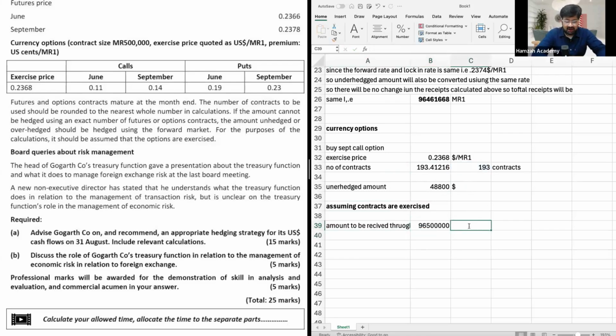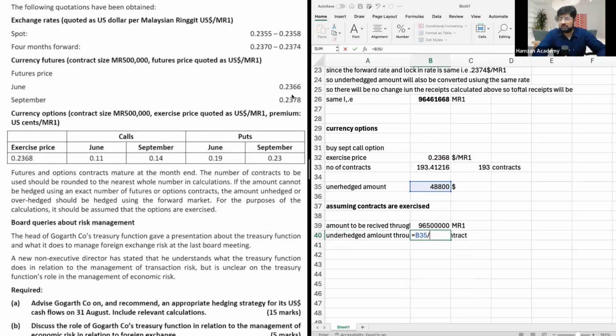Yes, they will get this many MR when they exercise it. Remaining is the under-hedged amount through the forward contract: this divided by the forward rate, 0.2374, gives MR1.